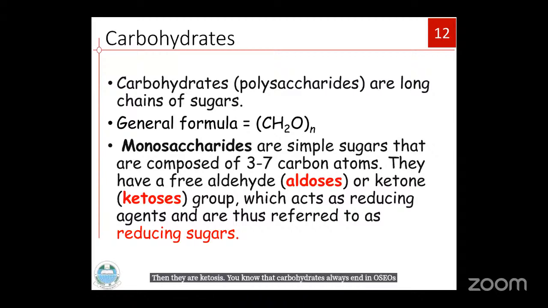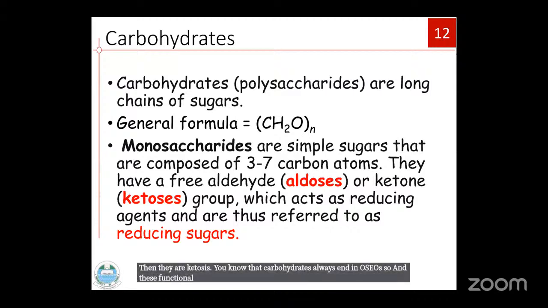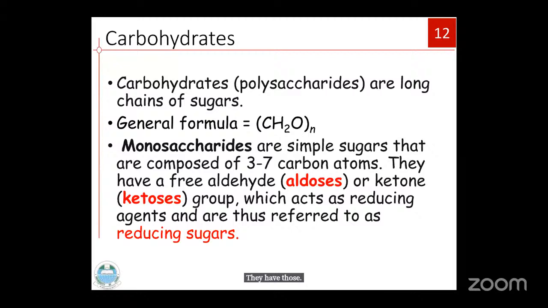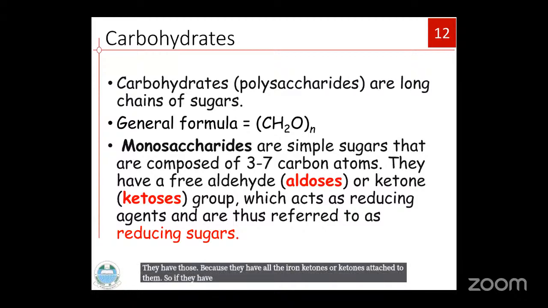These functional groups confer reducing properties on them, so monosaccharides are known as reducing sugars, right? Because they have aldehydes and ketones attached to them. If they have aldehydes attached, they are aldoses.